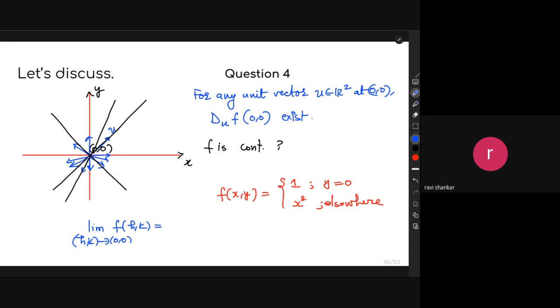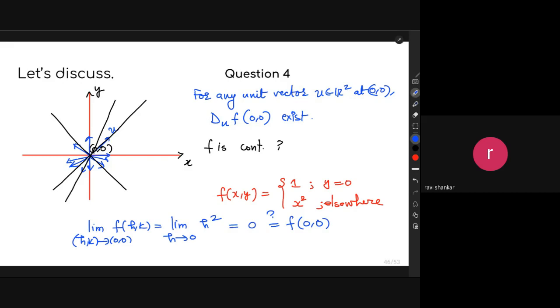If you see, it is nothing but a one variable function, so this is nothing but h square. So this limit is the same, and we know the limit of h square is 0. Fine, but is it equal to f of 0 0?